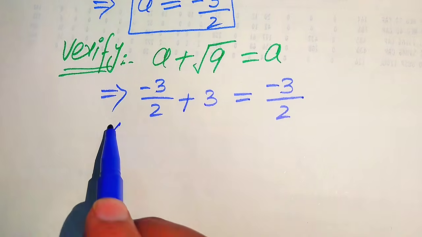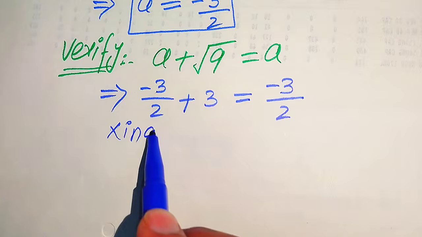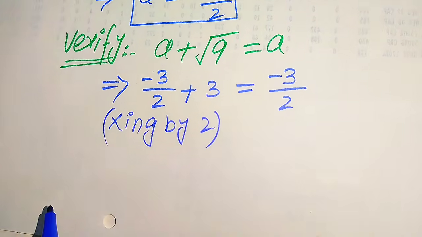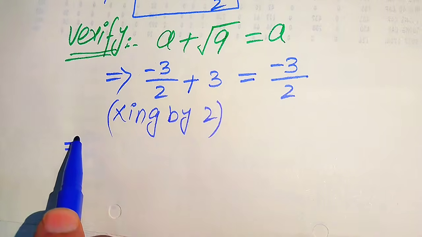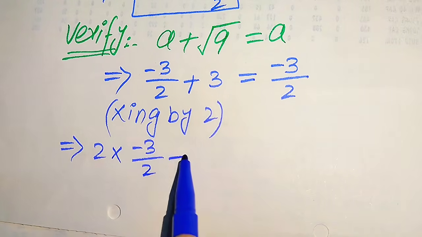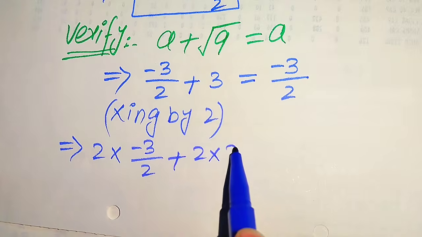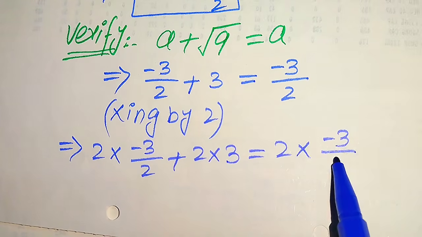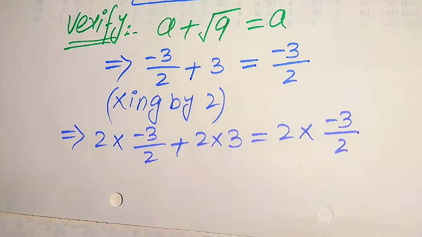Further, in the next step, we multiply both sides by 2. When we multiply both sides by 2, it is written as 2 multiplied by minus 3 over 2 plus 2 multiplied by 3 is equal to 2 multiplied by minus 3 over 2.